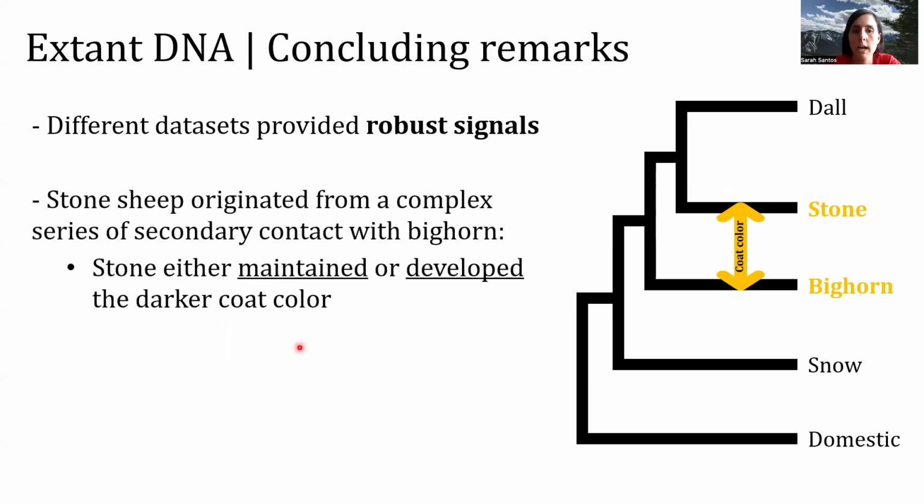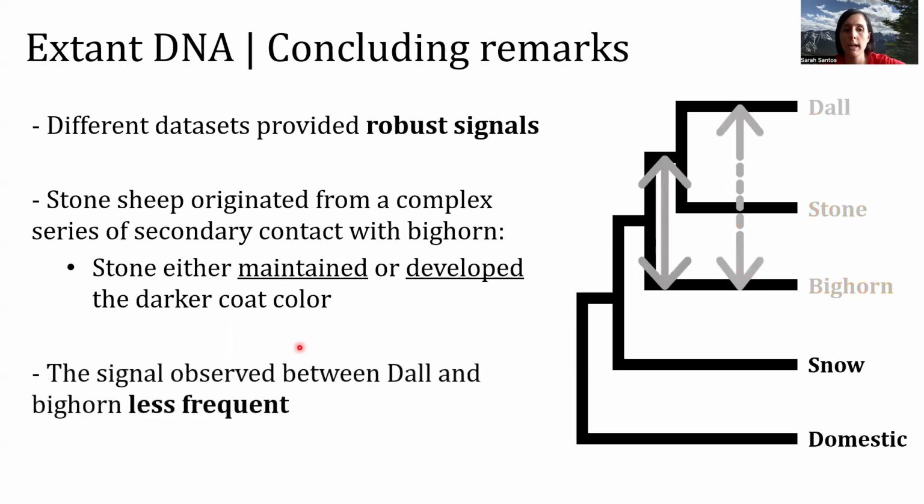And then we also have a relationship between Stone and bighorn sheep that either maintained or developed the darker coat color in those fragments that had introgression between Stone and bighorn. Oftentimes, coat color genes were present, and so it's very likely that introgression contributed somehow to the darker coat color in Stone.